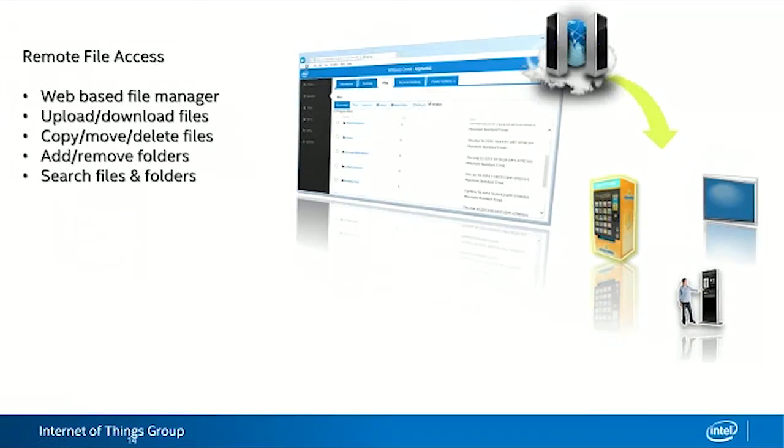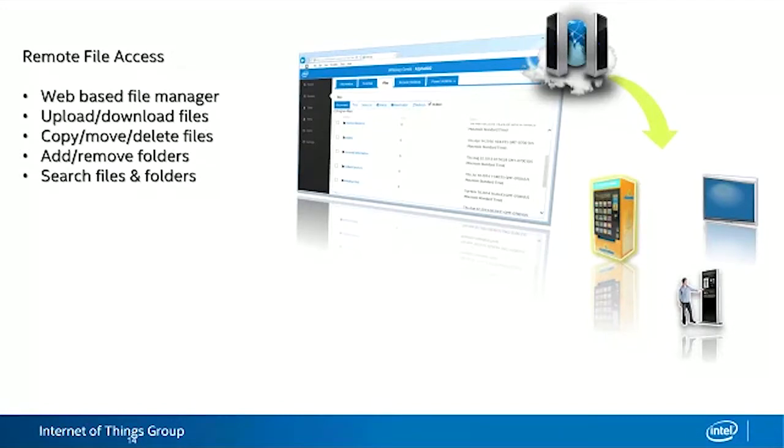Remote file access. This is an inbound solution. When an operating system is available on the device, the Woodfork agent is able to provide a file explorer capability to browse the file system on the remote device.